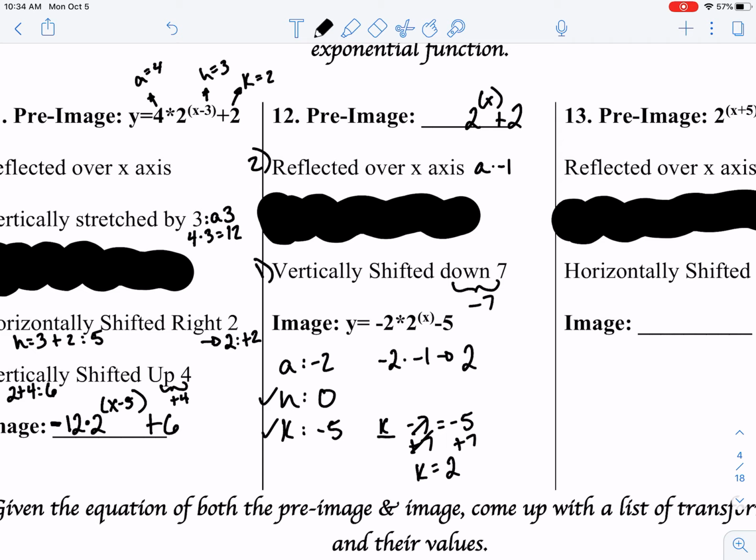If it would have been stretched or shrunk or compressed, I would have used that value instead of 1. So whatever it was stretched or compressed by, I would have used instead of 1. But anyways, 2 times 2 to the x plus 2.